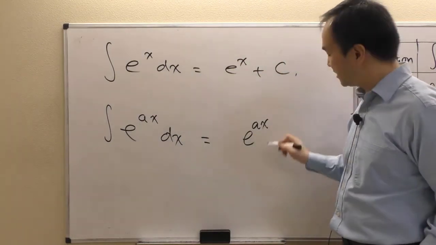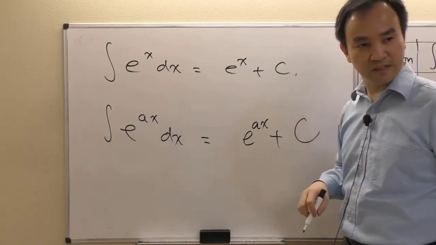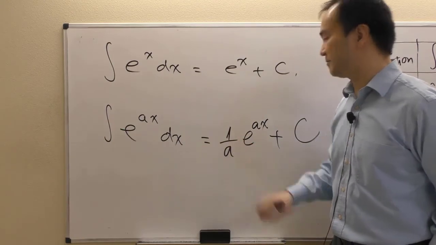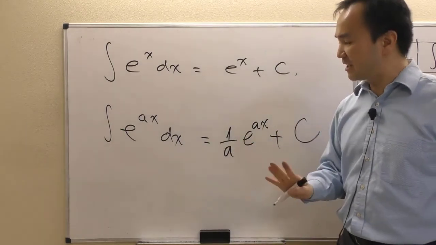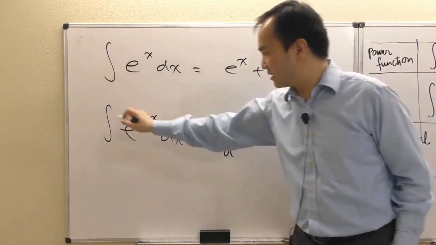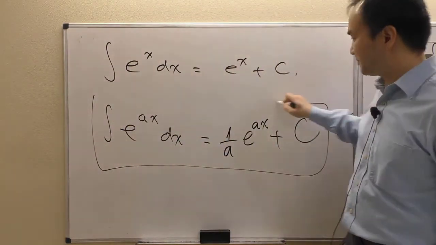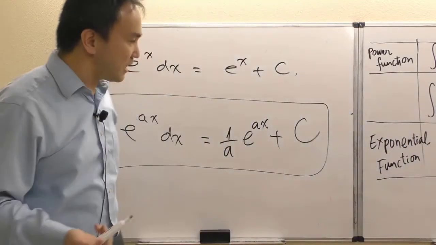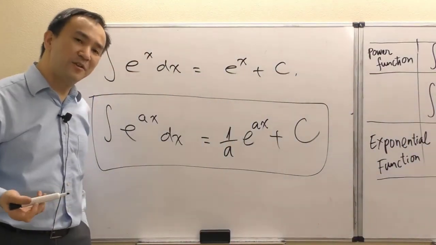Yes, it has a plus c, an overall constant, but it needs to be multiplied by a coefficient, 1 over a. For now, again, I'm asking any viewer or any student of mine who views this video lesson to take this as a simple special case. Because usually, right after this lecture, I push that into a few different examples.